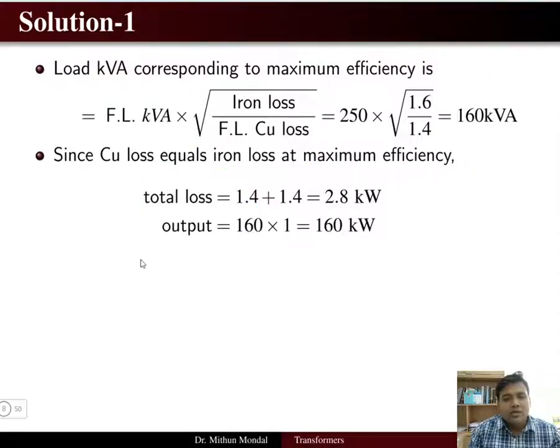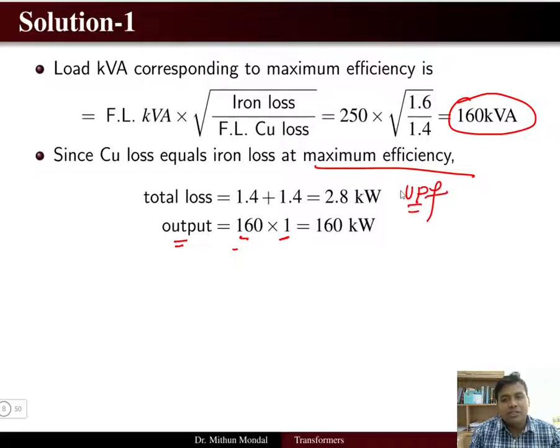Then what is the output? The output depends upon the load kVA, so it is 160 kVA multiplied by the power factor of the load. We know that at the maximum efficiency condition the system operates at unity power factor, so cos phi is equal to 1. So 160 into cos phi, that is 1, is equal to 160 kilowatt.